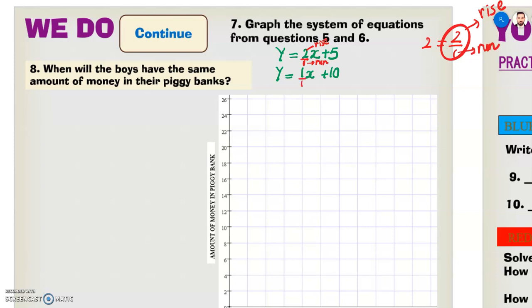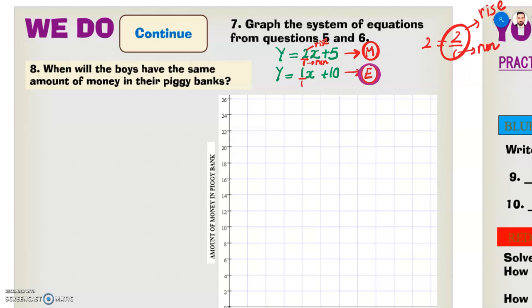Also here I have 1 over 1: 1 represents rise, 1 represents run. Let's represent Mark first, then Eric. Mark as red, Eric as purple. Okay, starting with Mark.